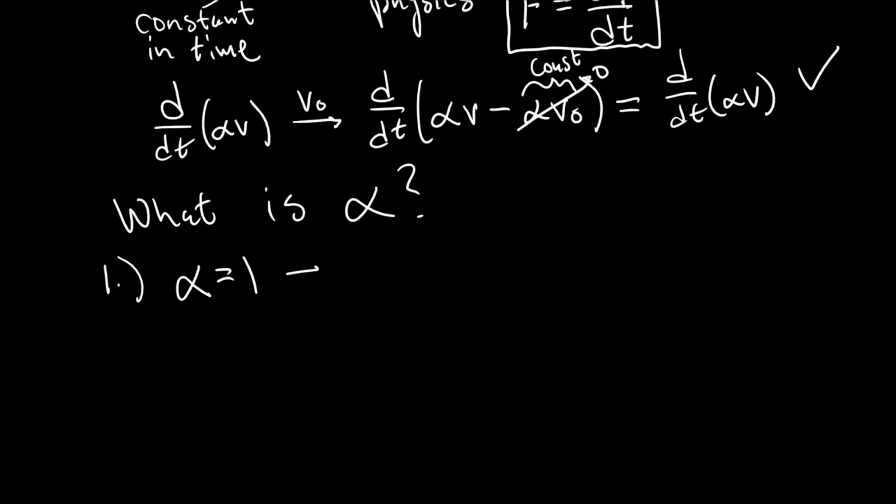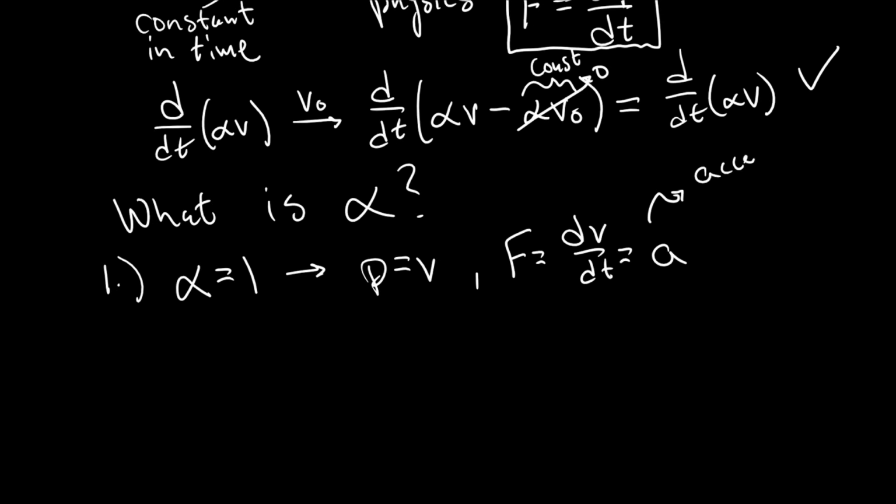Then p is just equal to v, and F is equal to dv dt, which is acceleration. Okay, and this works fine.